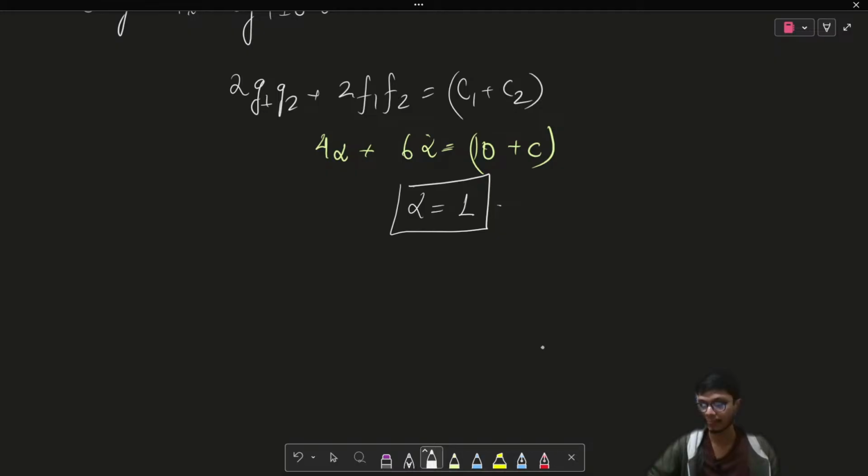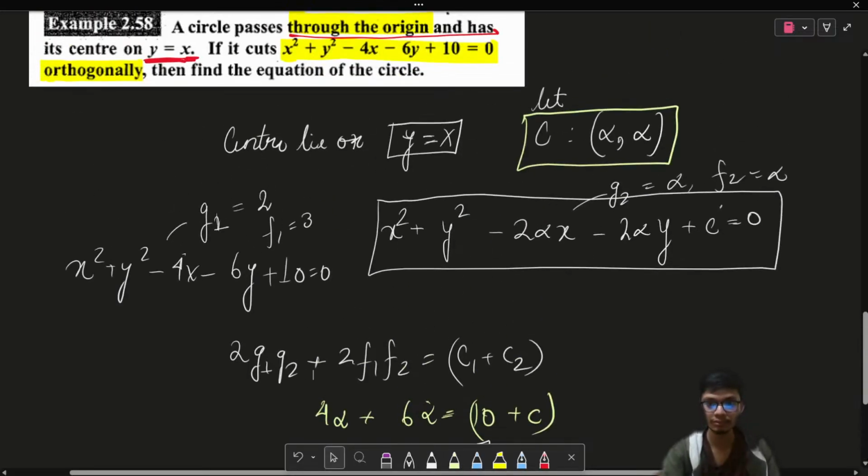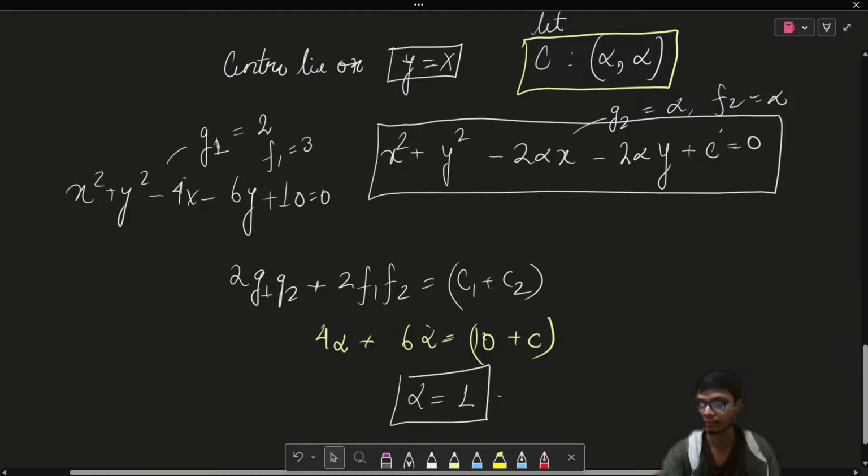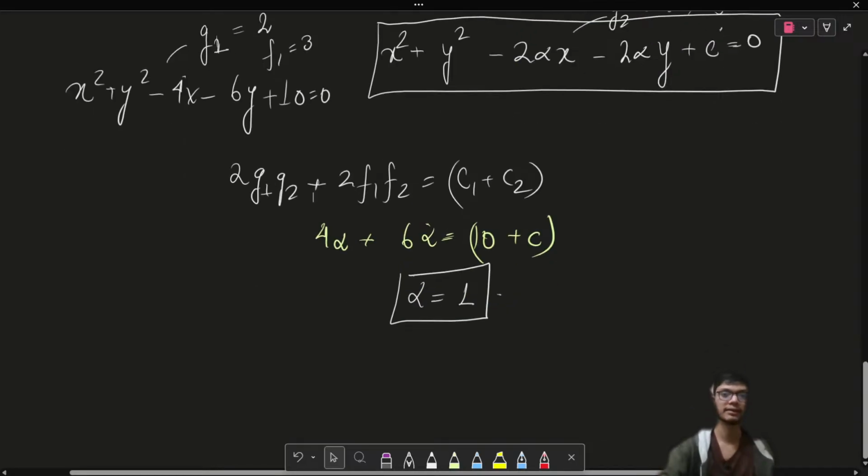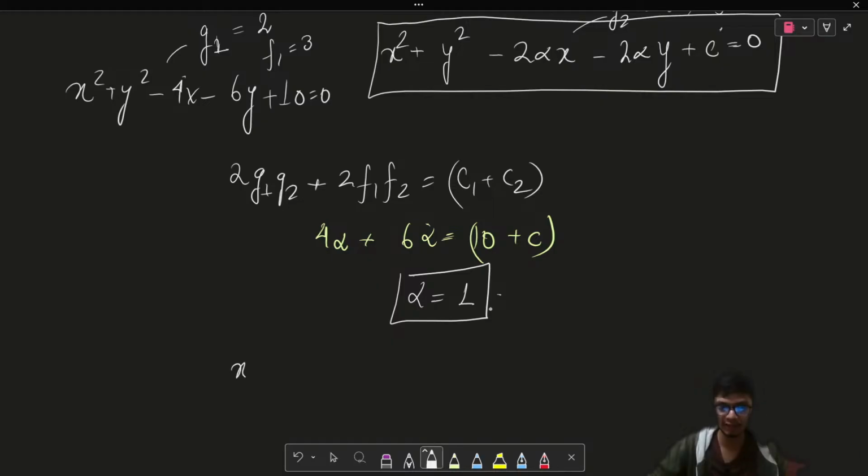Therefore, I think there should be one minus missing over here. Let me check. Yes, I think this is correct, right? So we have got the value of alpha as 1.